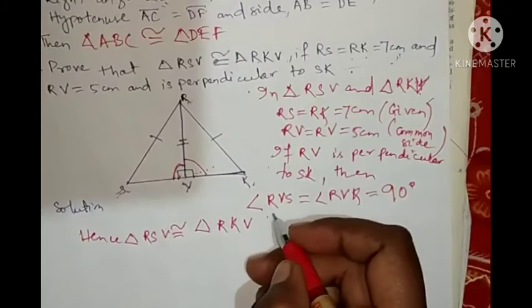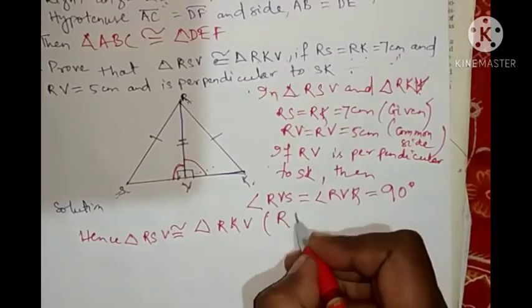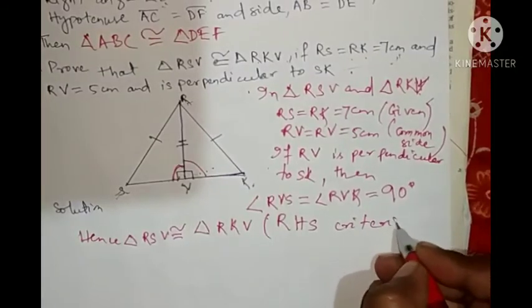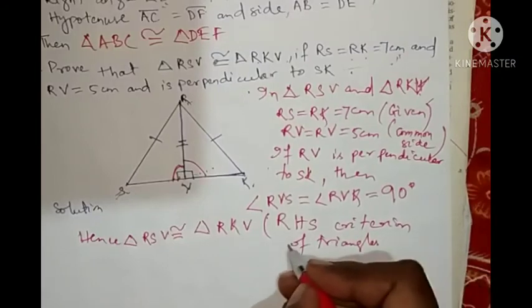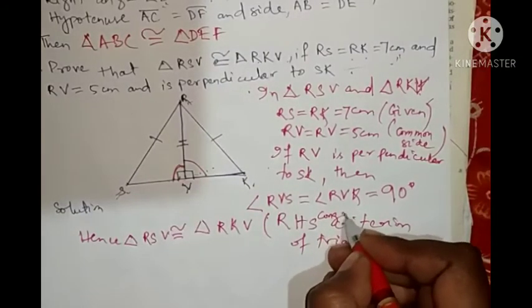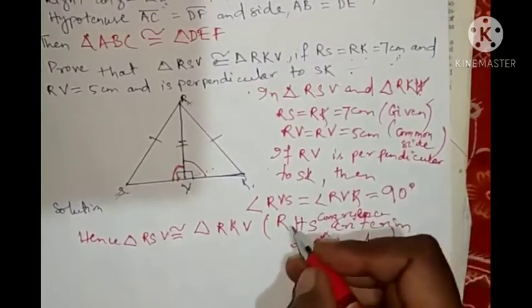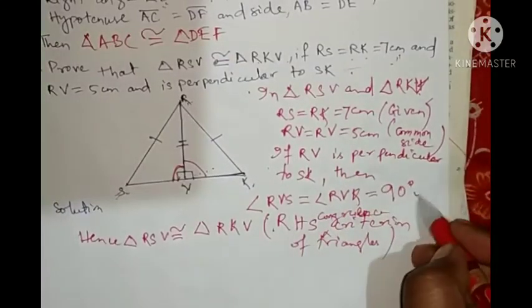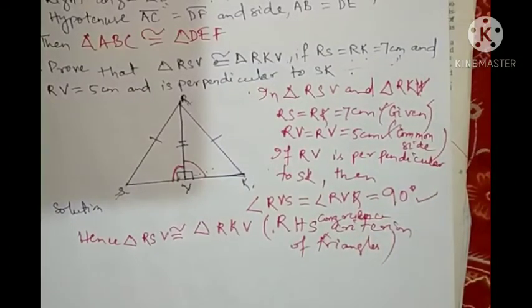Because of the RHS congruence criterion of triangle, meaning here right angle is there, hypotenuse is there, right angle, hypotenuse, and one side. Okay, so this is about today's class. I hope you have understood. Thank you.